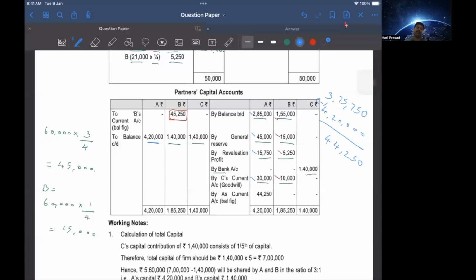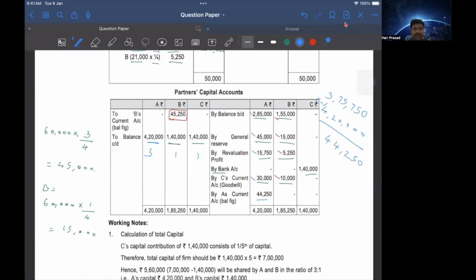Again, if the capital account needs to be increased, it should be credited. Now we are crediting 44,250. Now it's in the ratio 3:1:1.